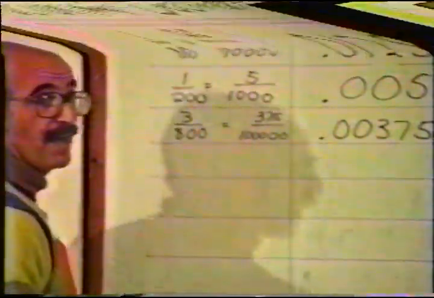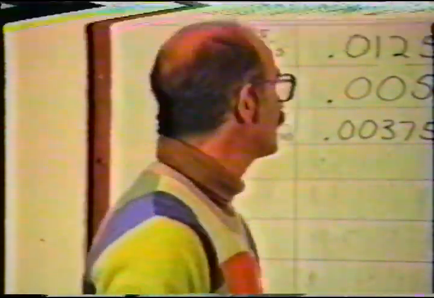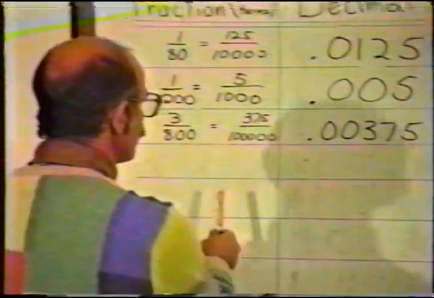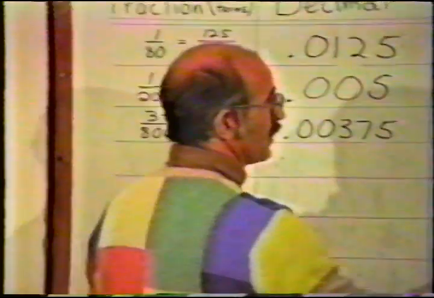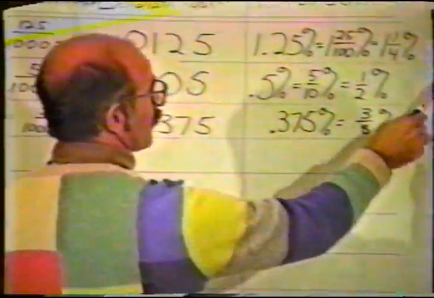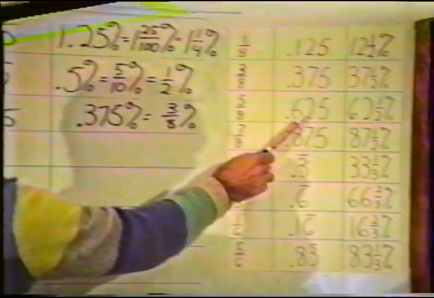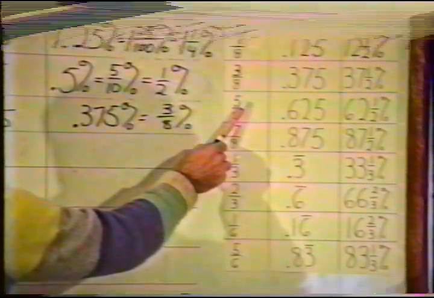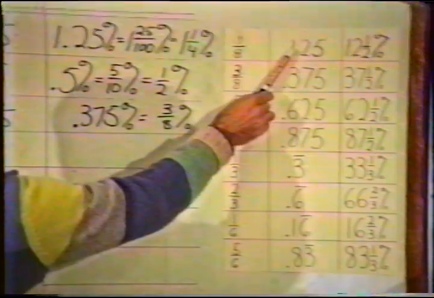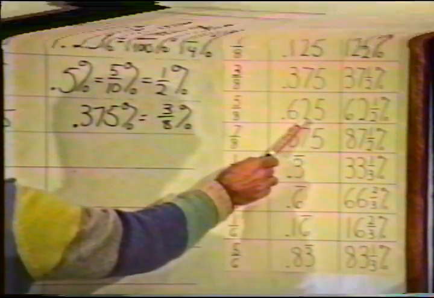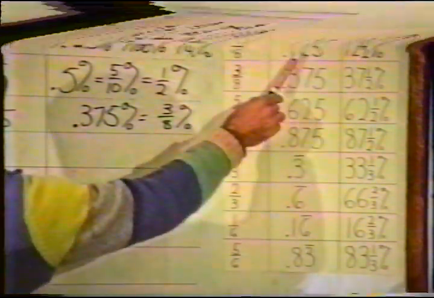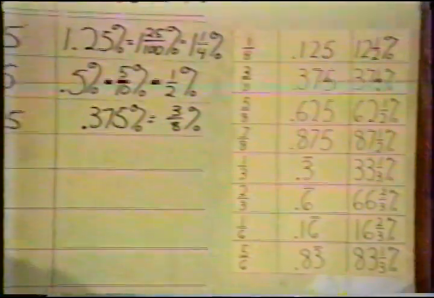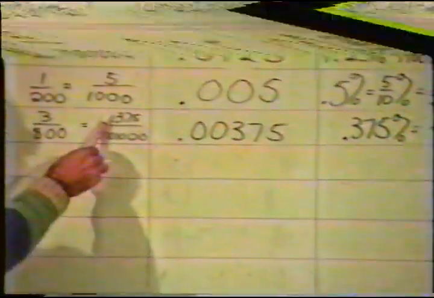We could divide it by 25, but if we're beginning to learn about 125, we could see that 125 goes into that 3 times, just as 375 is 3/8, 625 is 5/8, because 5 times 125 is 625, and 875 is 125 times 7. So if we hit it with 125, we'll get 3.